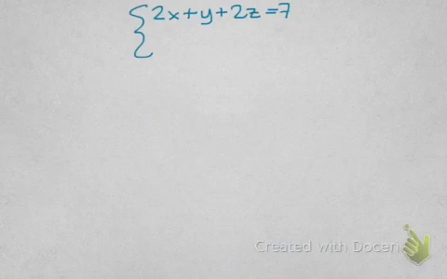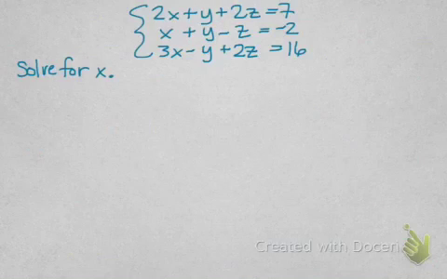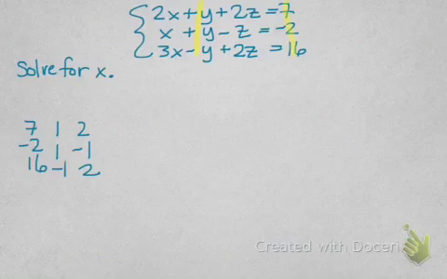Now we're going to solve for x. So here's our system again. In place of x, we're going to put the constants, 7, -2, 16. Then we go back to the coefficients in front of the y's, and we'll put 1, 1, -1, and in front of the z's, we have 2, -1, and 2.